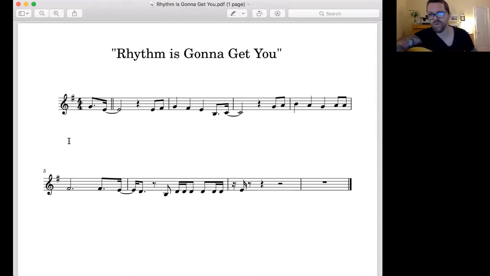Now, when you record for me, I really prefer the metronome be on quarter notes instead of the 16th notes.